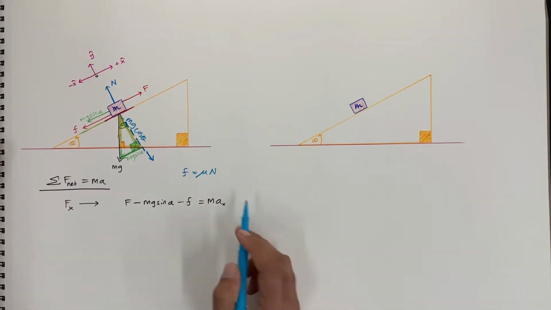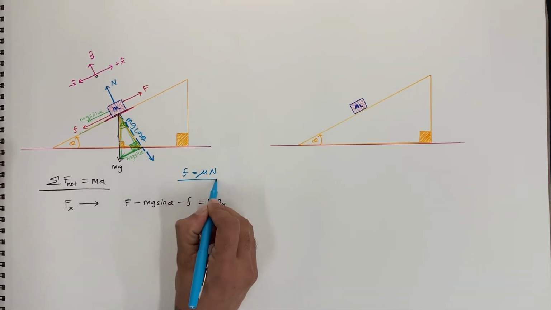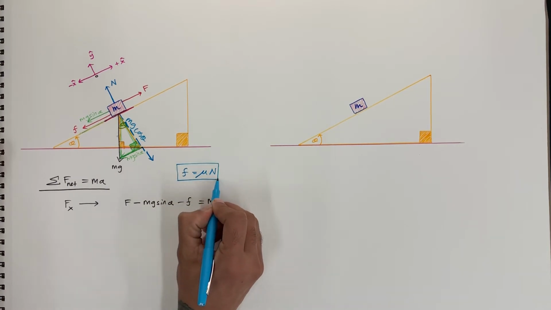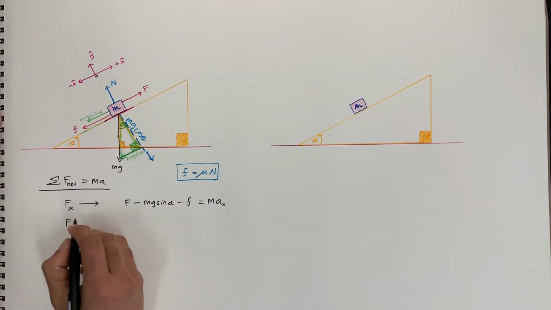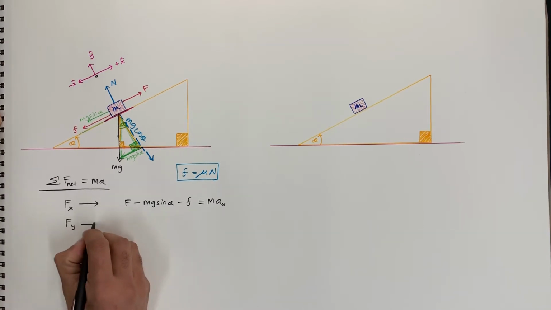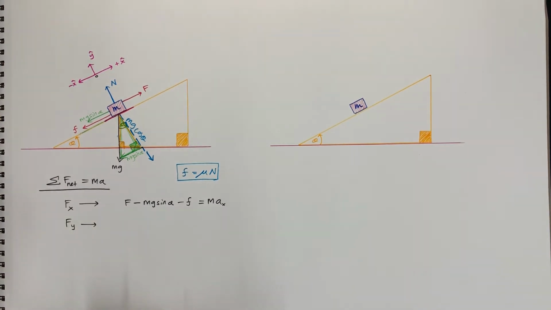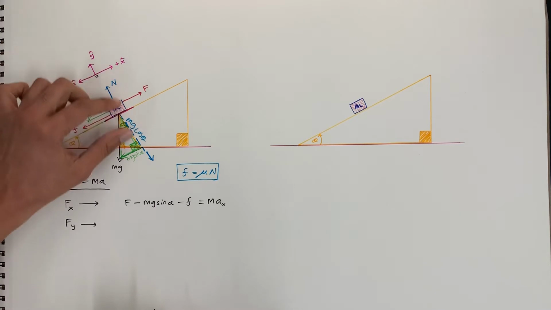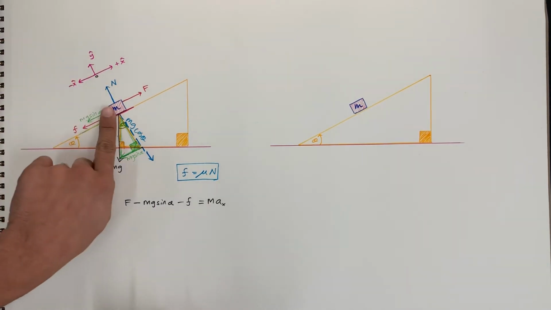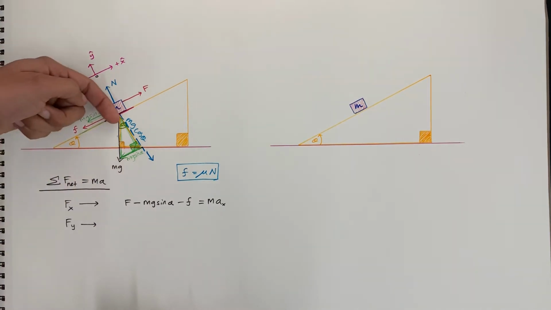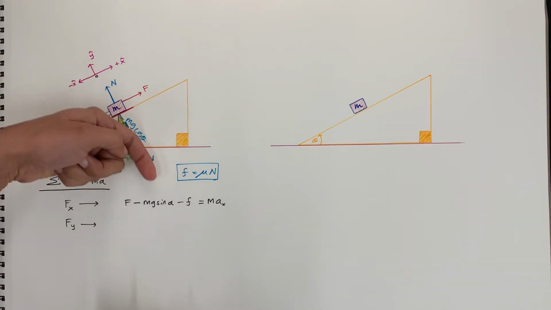Okay, so we'll take a look at what this means right now when we do the force in the y direction. So now the net force in the y direction, since it's not moving up and down, then these two forces are equal to each other. Or we can say the positive y direction, the negative y direction, right?